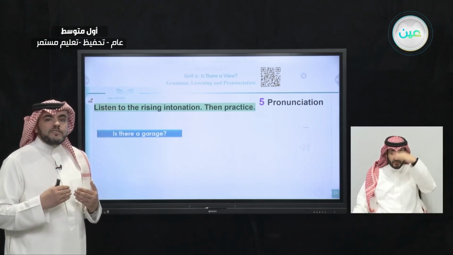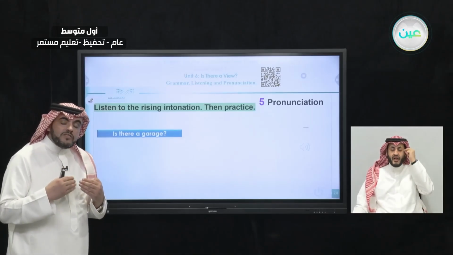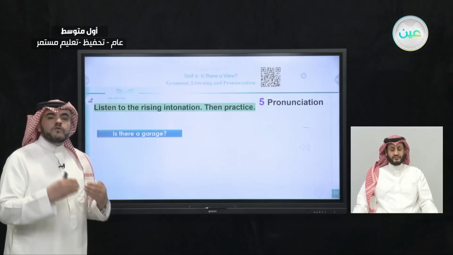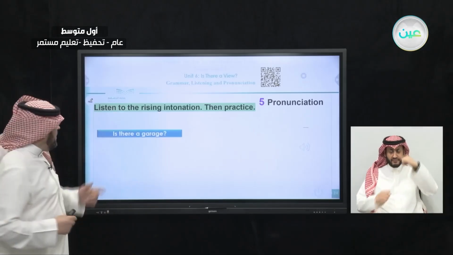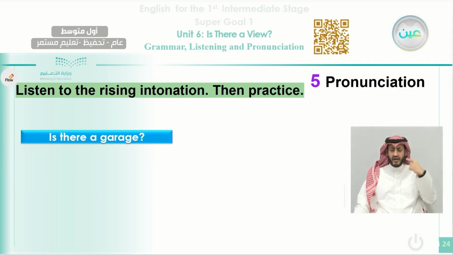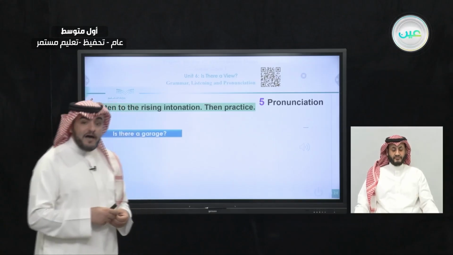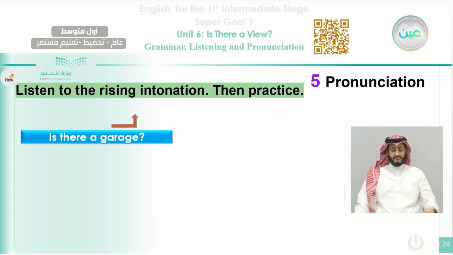We call it intonation. So when you ask a yes or no question, the last word of the question should be high. Like this one here. Is there a garage? This is the best way to ask this question. Look at the arrow here. It indicates that you raise the intonation of garage.